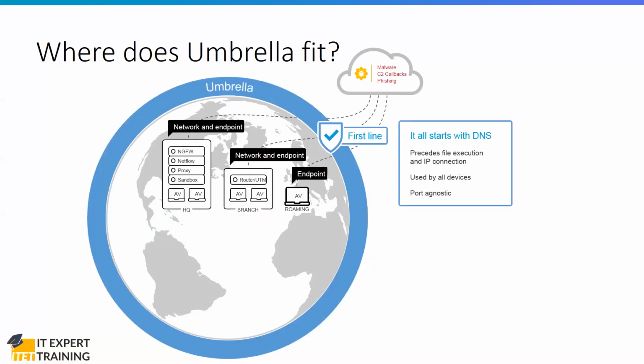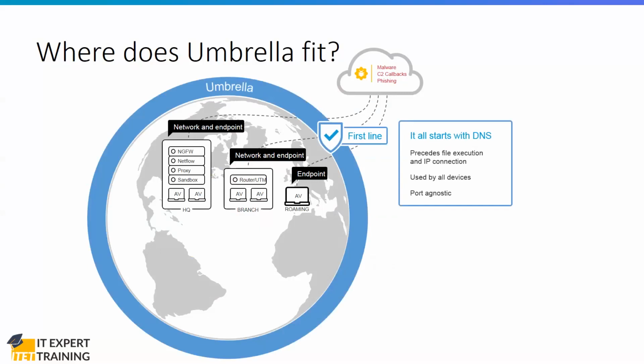You have antivirus at the system level, and you have all the security devices like a sandbox, proxy, and next generation firewall to protect your HQ. If you go to the branch office, again you have the antivirus and endpoint security on your end user devices. Then you have the router or security device with UTM features.